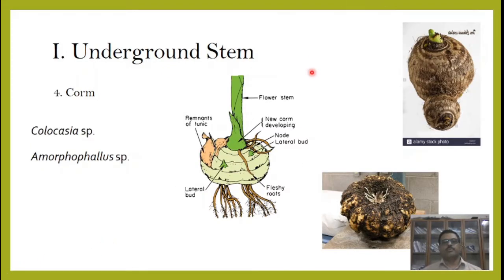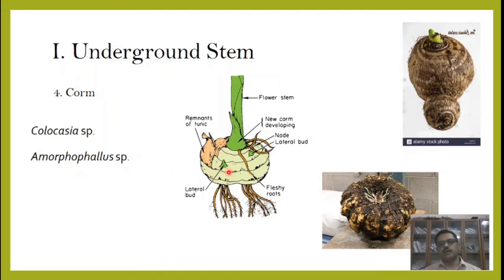The fourth type of underground stem is the corm, which is a massive, large structure that is found within soil, and it is characterized by the presence of nodes possessing the lateral buds, and also there is a terminal bud which gives rise to leaves and the flowering shoot.